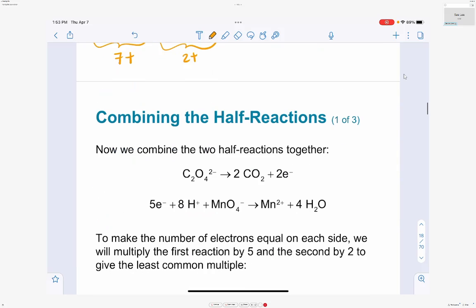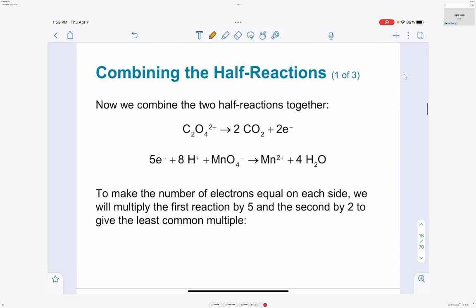All right. Now that both oxidation and reduction half reactions are balanced, this is the oxidation half reaction. This is the reduction half reaction.